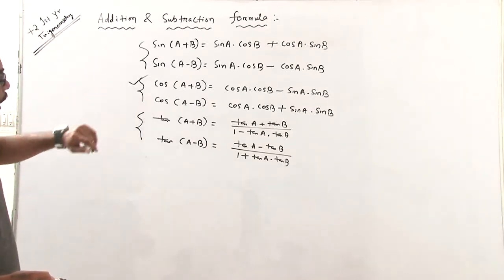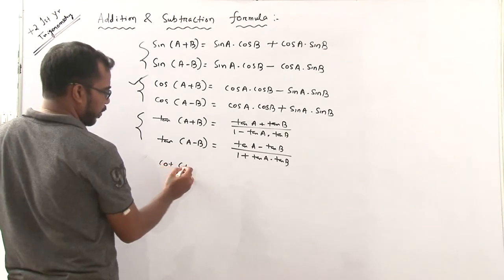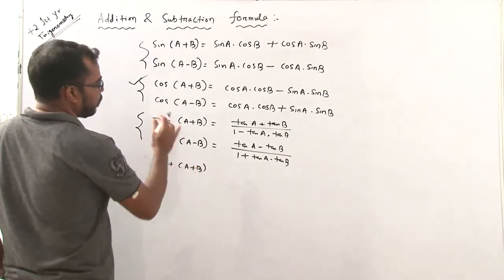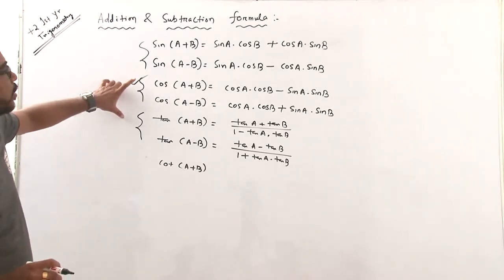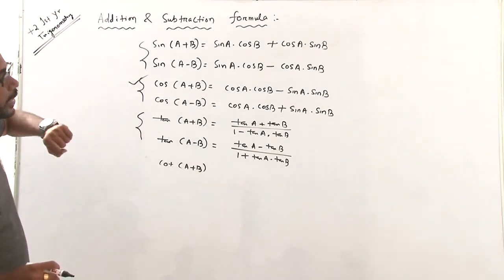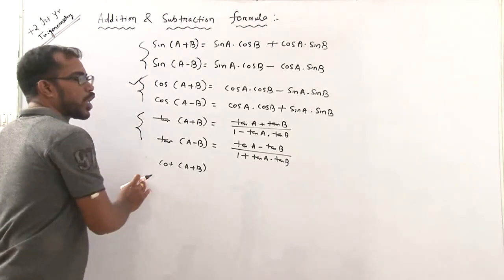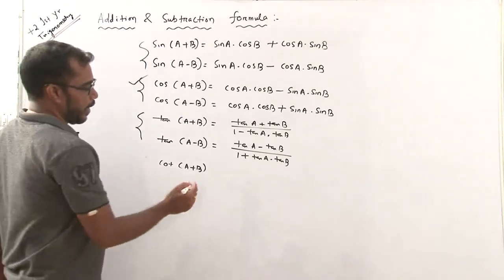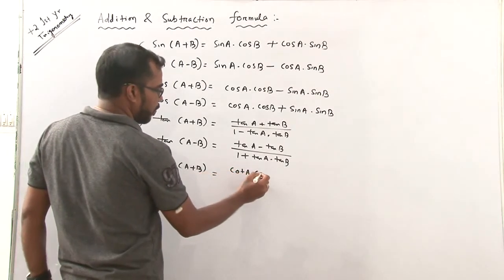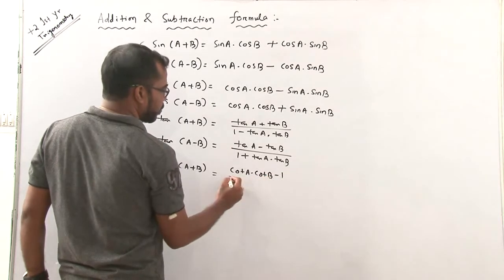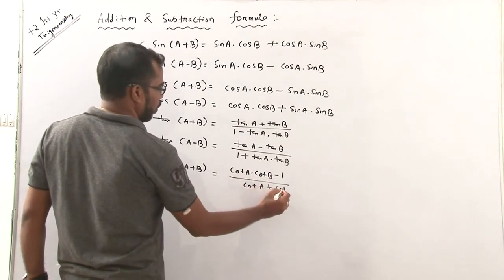Next we proceed to cot(a plus b). These first three, sin, cos and tan, are the primary formulas of the T ratios. Now cot(a plus b) is equal to cot a into cot b minus 1 by cot a plus cot b.